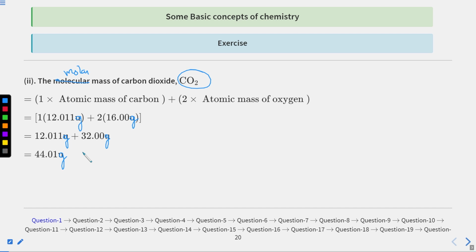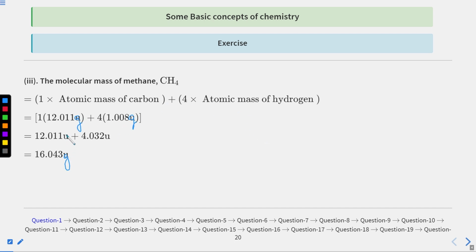Then we do the same thing for the second one, and the answer comes out to be 44. Next is CH4. So how will we do it for CH4? It would give us gram, and the answer will be in gram, with molar mass and not molecular mass.